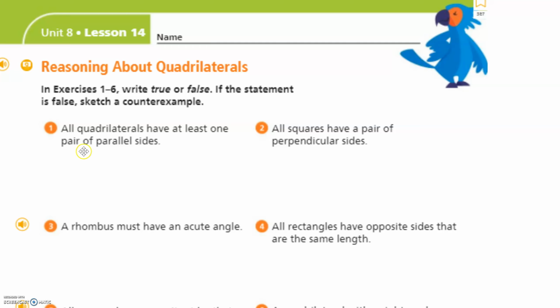So we're going to make a picture that shows why it's false. Okay, here's the first one. All quadrilaterals have at least one pair of parallel sides. I want you to think about that. Is there a quadrilateral that doesn't have parallel sides? Try and draw that. I would suggest pausing right now and trying to draw it.